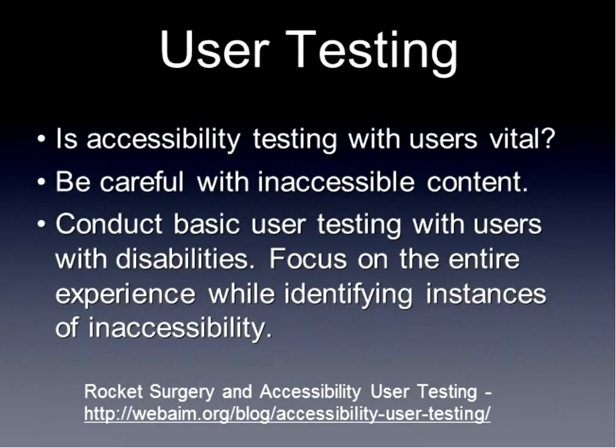So that can be really frustrating for that user. So instead of that accessibility testing, if you do just accessibility testing, you're really going to be looking for instances of inaccessibility. Oh, here's an image that doesn't have very good alternative text. Oh, here's a form that's not appropriately labeled.